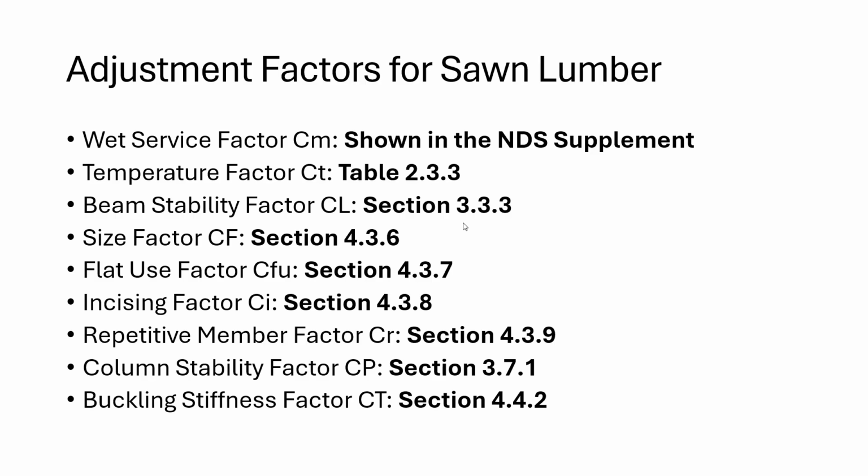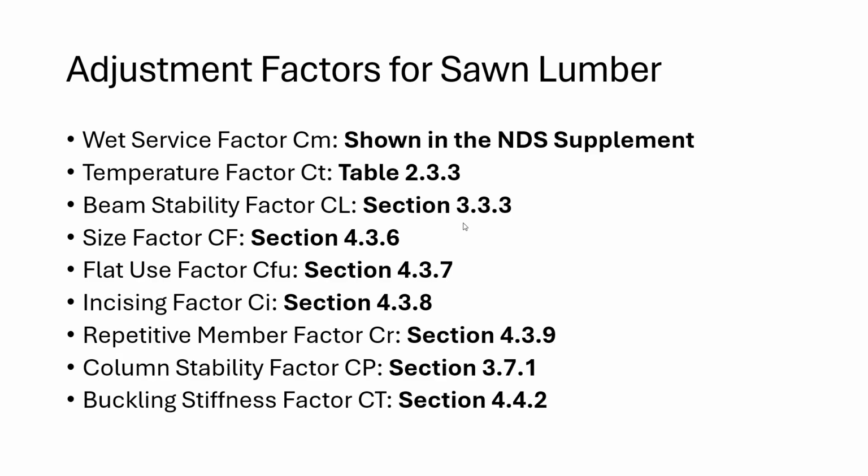So for the size factor CF, this is found in section 4.3.6, and it's noted to be in section 4 because it is dependent on sawn lumber. I do know glulam has similar, but still different size factors. So this depends on the depth of the member.